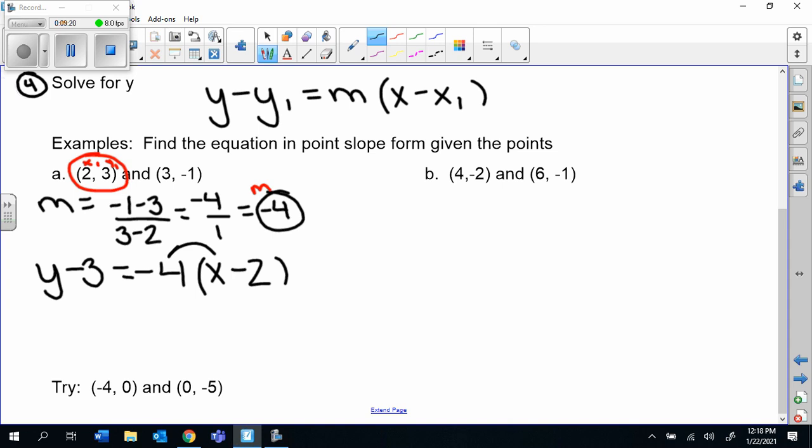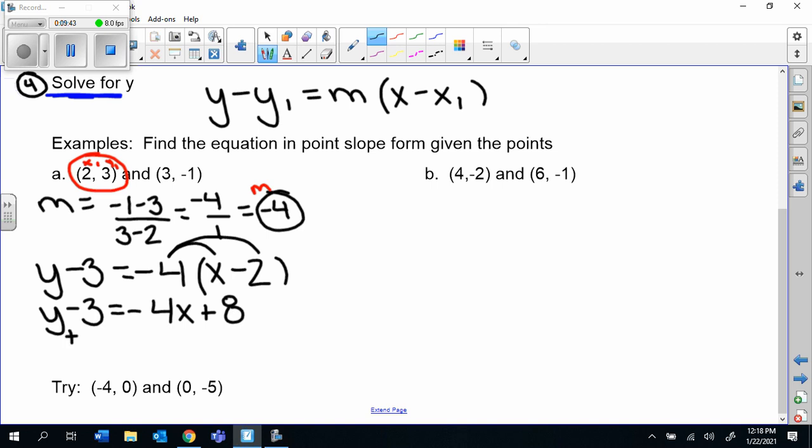Multiply through by negative 4 here, because now our very last step, you can see the steps peeking out from up above here, says solve for y. So we need to get y by itself, and we want to gather all these like terms. So the first way to do that is to distribute. So we have y minus 3 equals negative 4x plus 8.